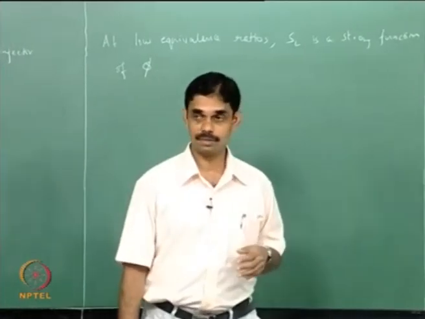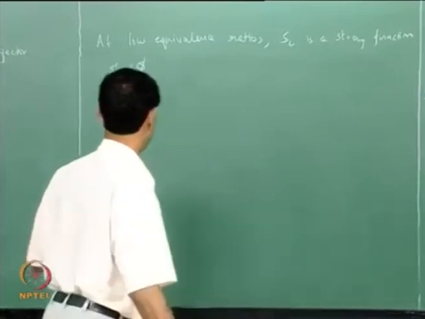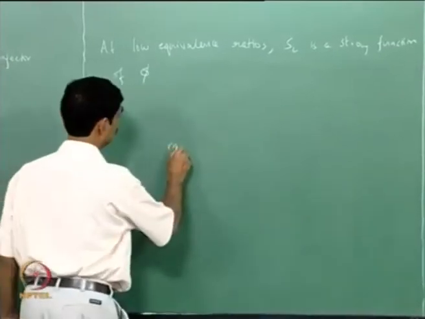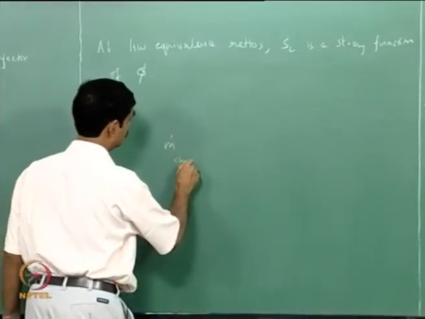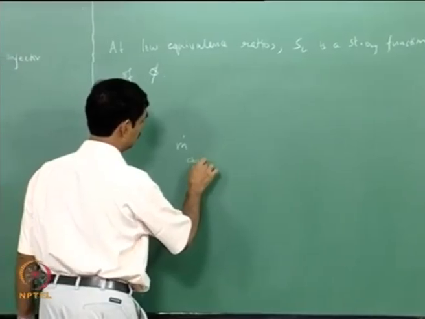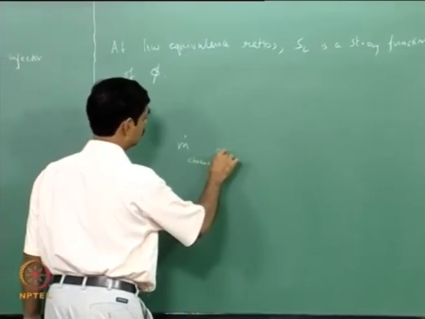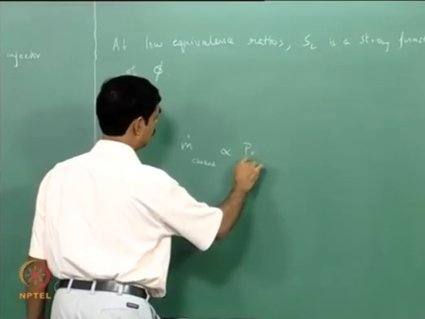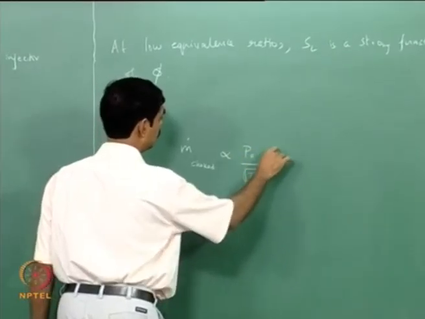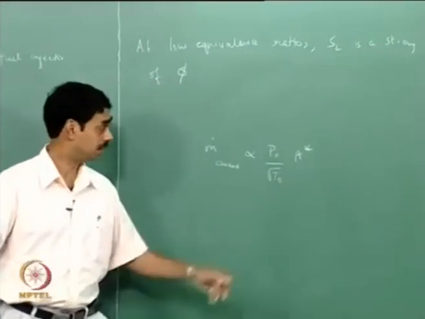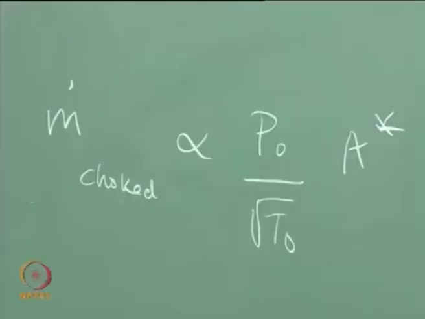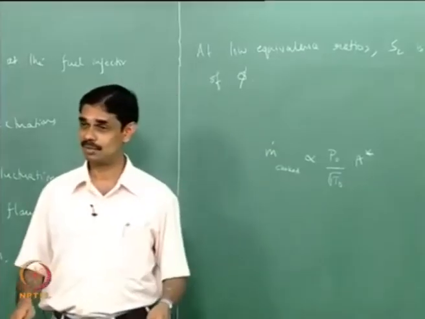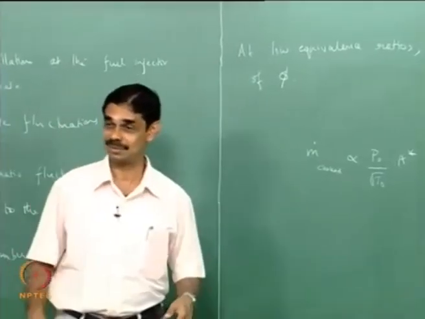Yeah, what is the formula for m dot choked? There are some factors, 2 over gamma plus 1 to the power gamma plus 1 by gamma minus 1.